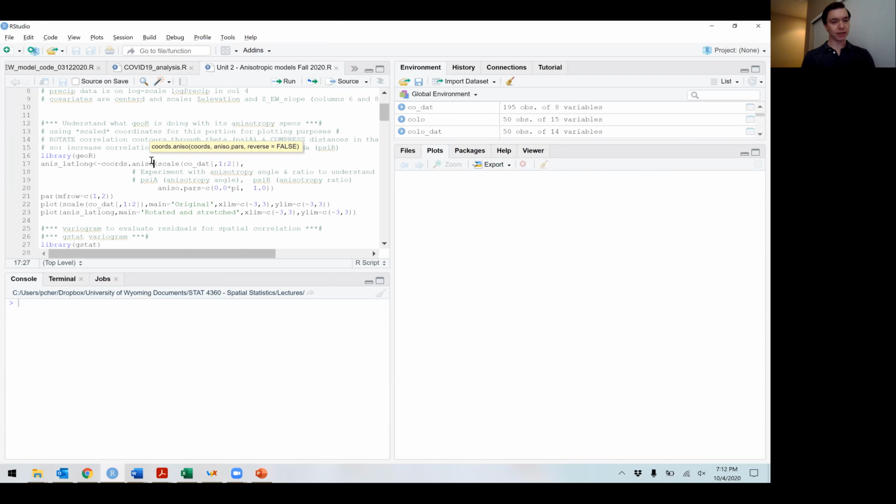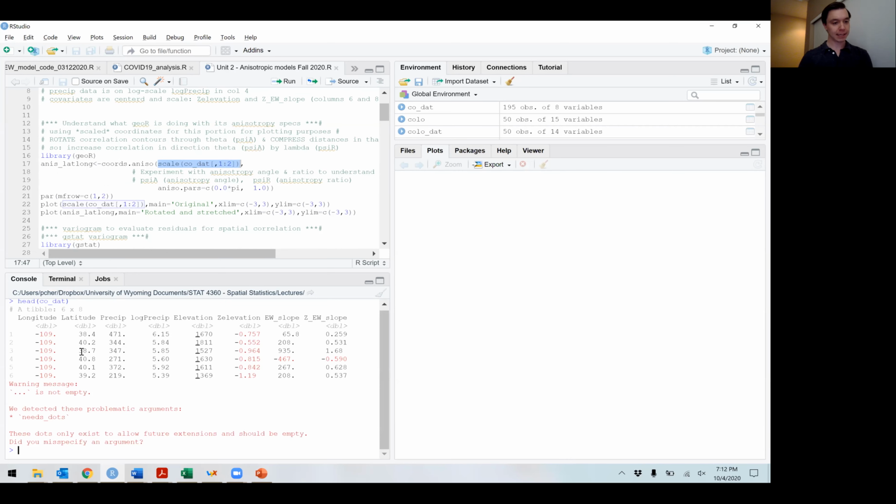So what I do is I work with scaled coordinates. The first two columns of this data set, by the way, are longitude and latitude. But I center and scale them so that they fit on the same set of axes. If I didn't do that, I would multiply the interpoint distance by something like 2, and it would blow up, and it would be hard to see the effect of anisotropy.